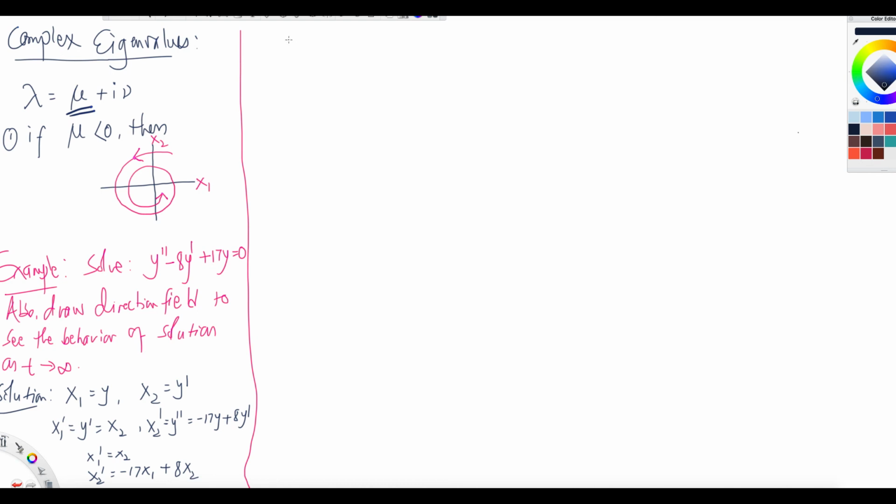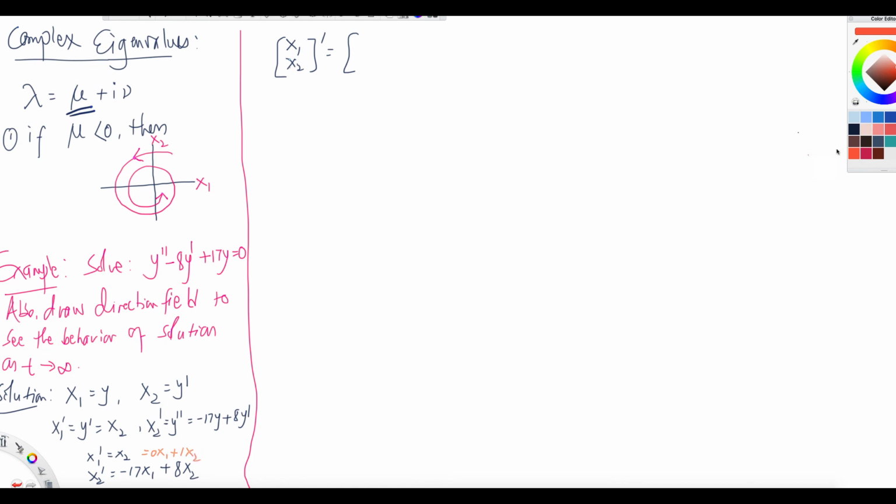Okay, so let us write this in matrix form. What you get is the vector x1, x2, prime, equals, let us write that, because this x2 you can think of as 0x1 plus 1x2, right?